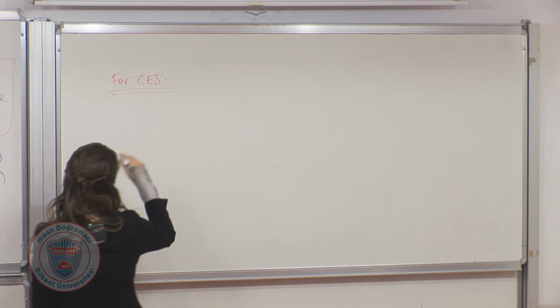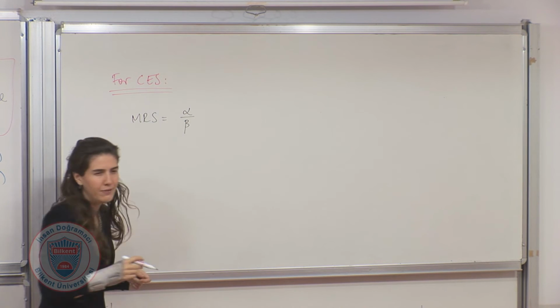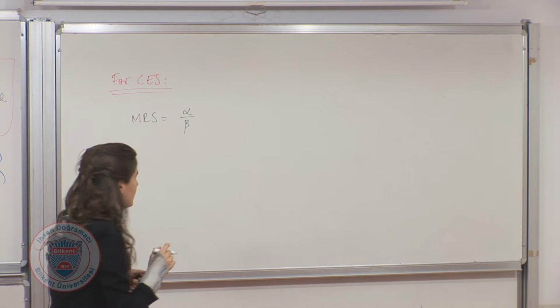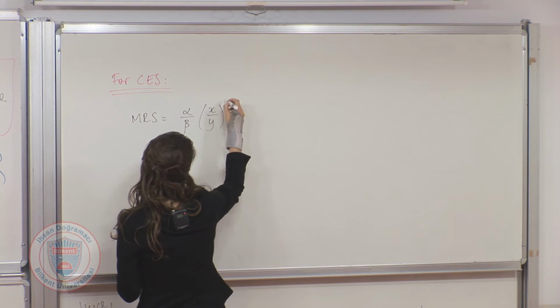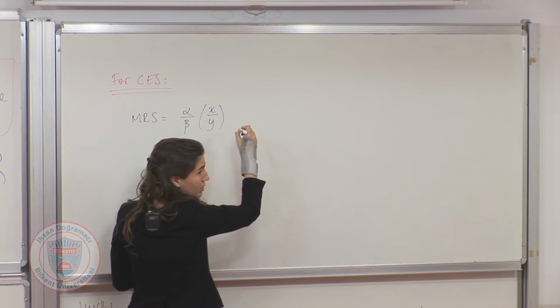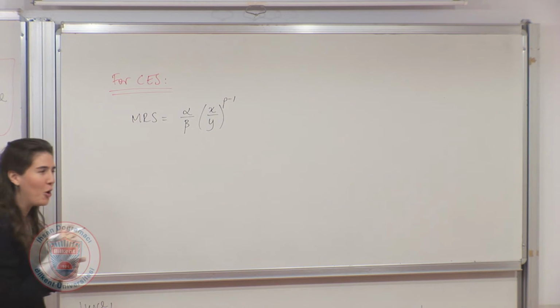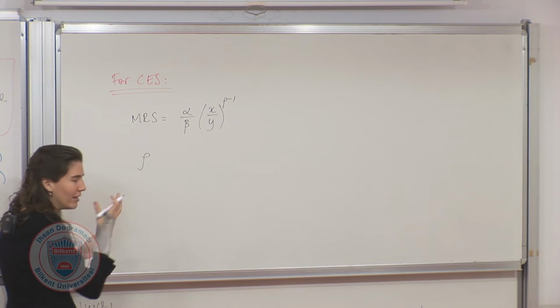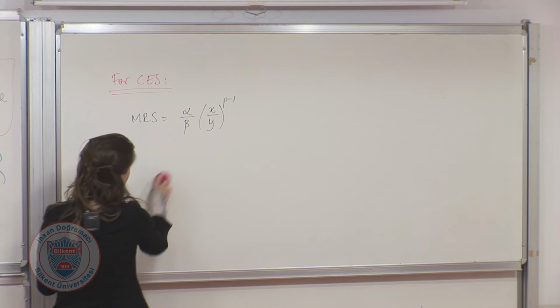So basically for CES, what was the MRS? You guys were telling me alpha over beta times x over y to the power 1 minus rho minus 1. So this is rho minus 1, okay? It's not p, it's rho, okay? It's actually a wiggly p, so it's rho.